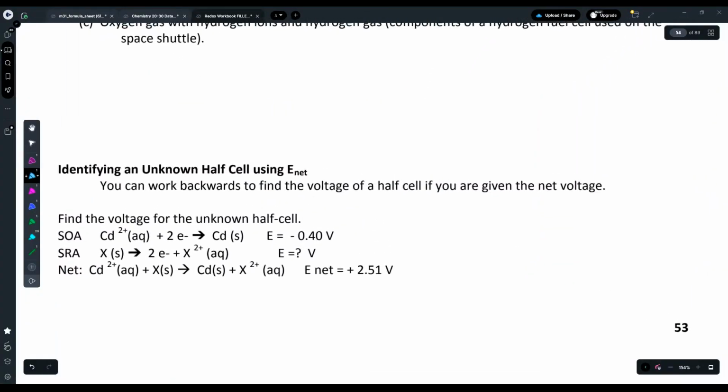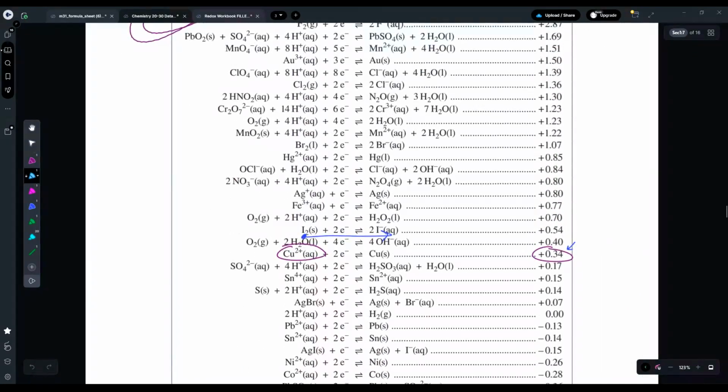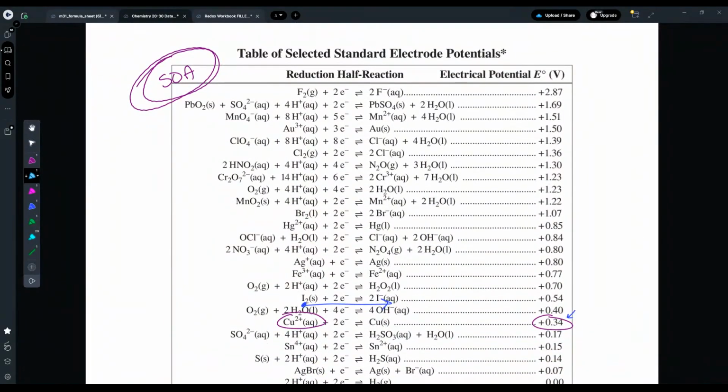So the next part of the notes is all about identifying an unknown half cell using the electrical potential. So you can work backwards to find the voltage of a half cell if you are given the net voltage. The reason why this works is because all of these electrical potentials on the far right hand side, they're kind of like fingerprints.